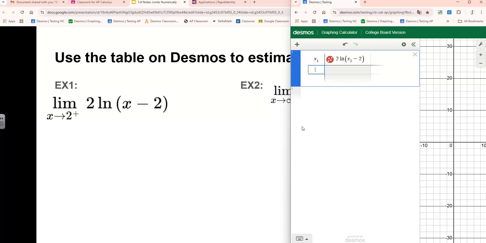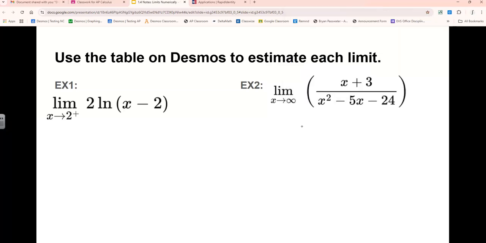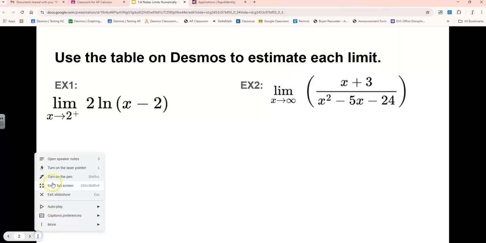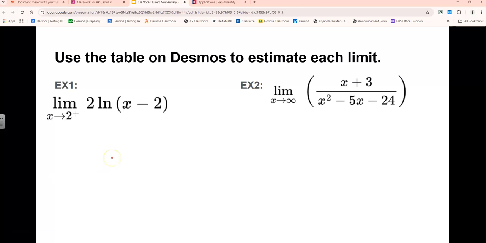Now, what I find whenever I'm doing this is that a lot of times what kids have the most trouble with is the very, very most simple thing right here, at 2. First of all, I'm starting over here. I'm starting above 2, and I'm approaching from the right. So we've got to think about what those numbers are.